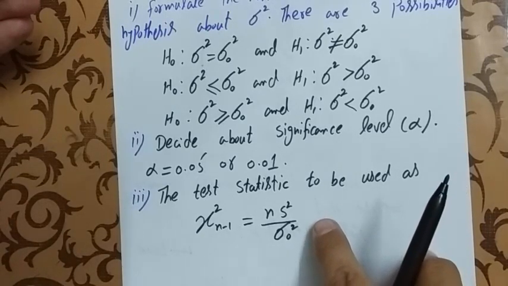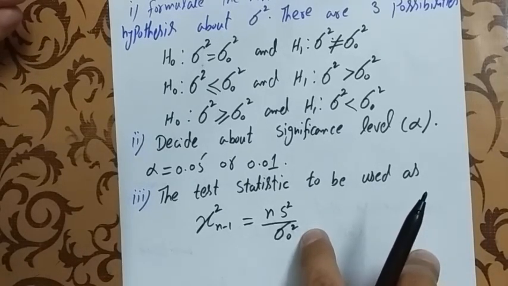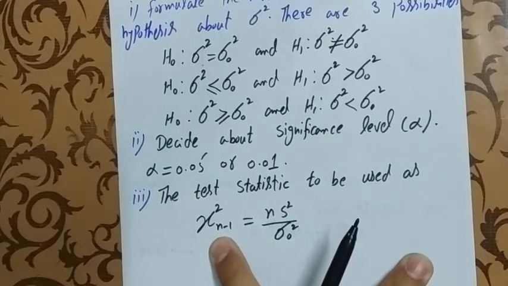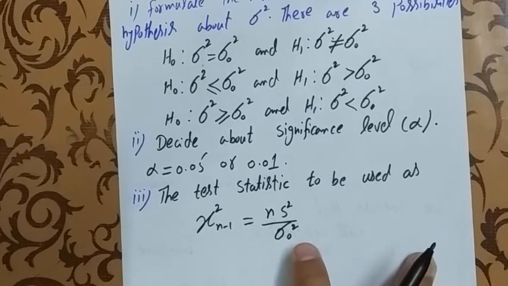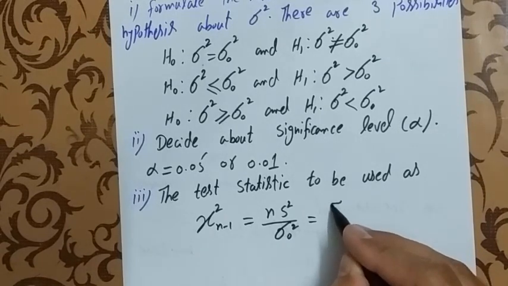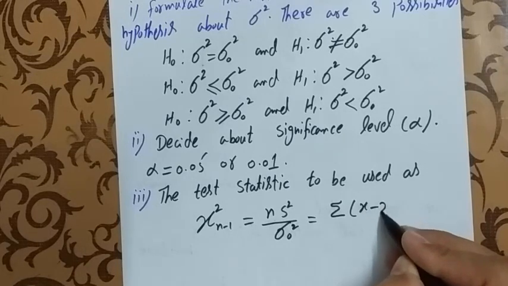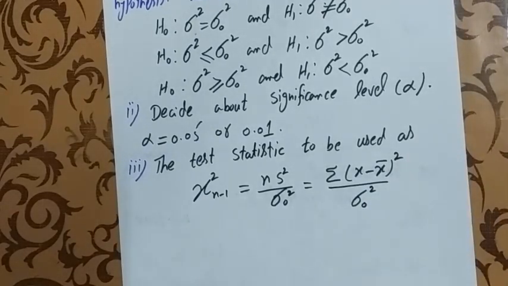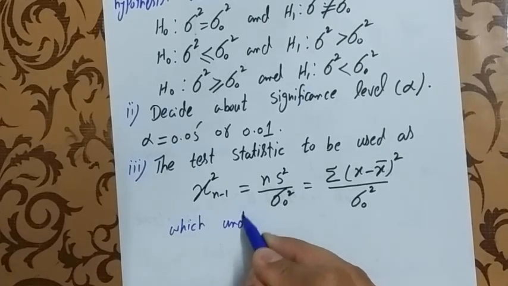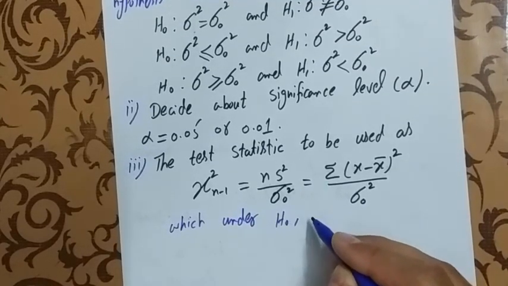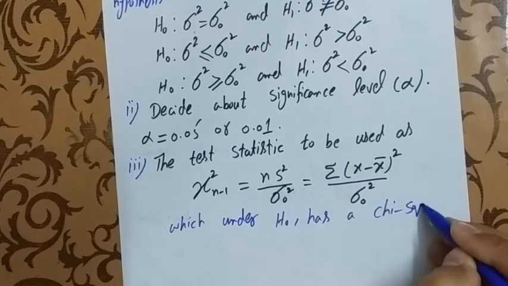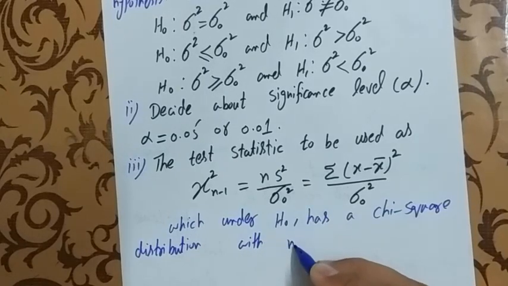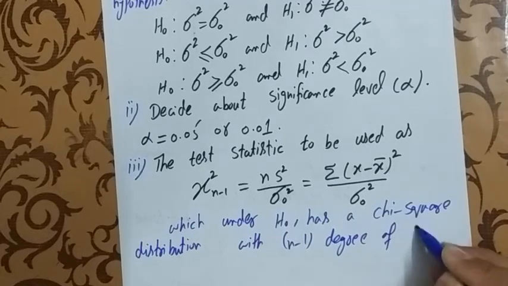When we have samples, we apply this formula on these samples to find the chi-square result for biased sample data, which is equal to the summation of x minus x bar whole square over sigma naught square, which under H naught has a chi-square distribution with n-1 degrees of freedom.